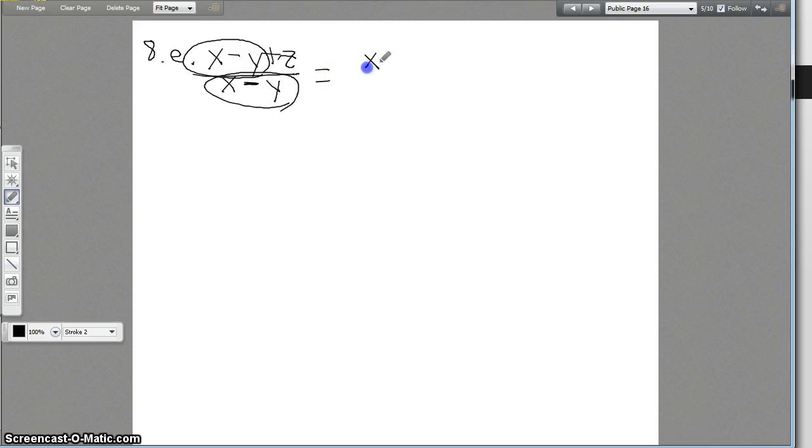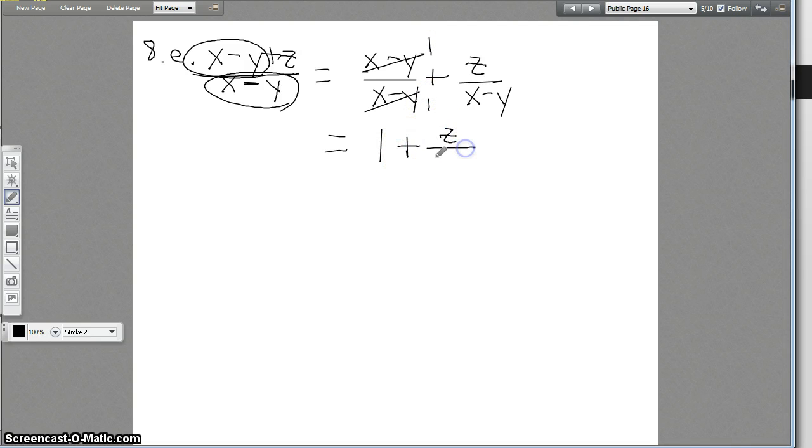We will write (x - y)/(x - y) + z/(x - y). And this first fraction, (x - y)/(x - y), that's just 1 because we can divide the top and the bottom by x - y and we get 1 + z/(x - y). And that is our answer as the sum of an integer and a fraction.